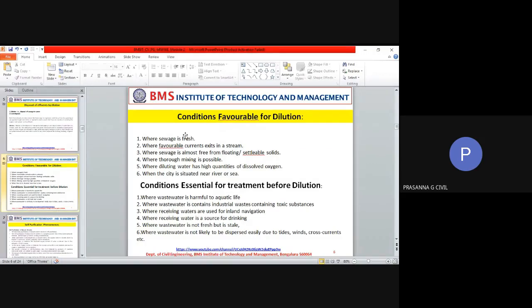Fresh sewage will have a grayish or brownish color, whereas when the sewage turns septic, it will become dark black in color. And the degradation process causes foul smell to emanate from the flowing sewage. So the sewage should be fresh if you are thinking of dilution as a method of disposal.